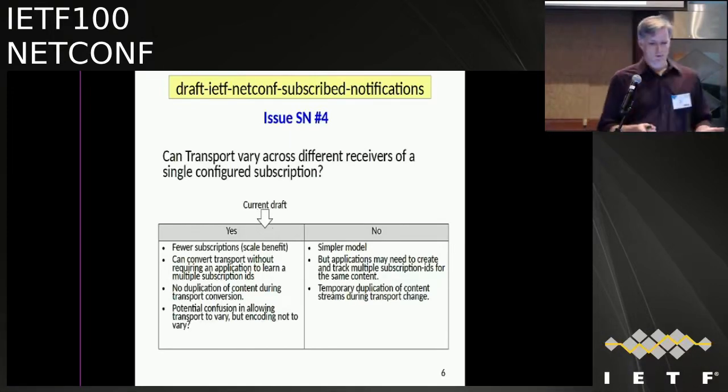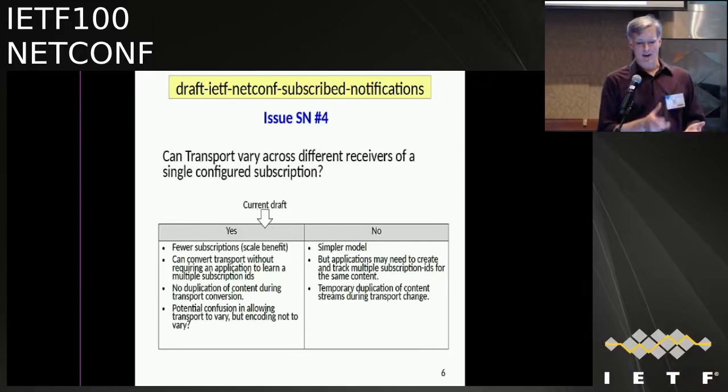Okay, excellent. So the first question is, will the transport vary for different receivers of a notification? And why would people want to do that? Let's say you are using HTTP 1.1 and you have an upgrade to HTTP 2 transport. Do you have to create a new subscription and manually change everybody over to it, or can you just add the new transport to that receiver?